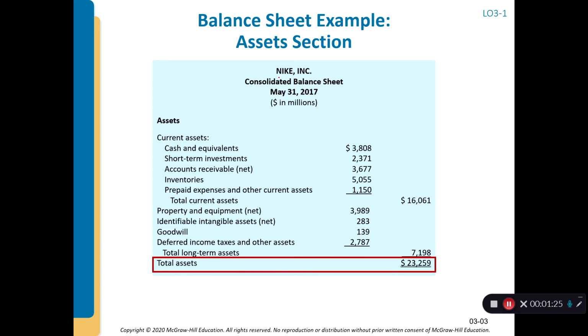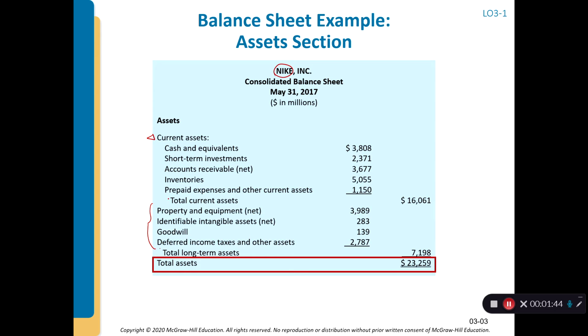So let's look at Nike's 2017 financial statements, the balance sheet. It has 23,259 in total assets. It is organized into current assets and long-term assets, right?